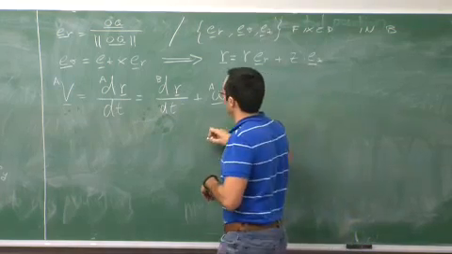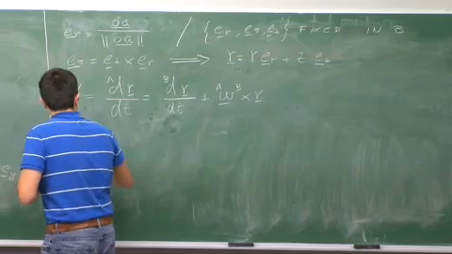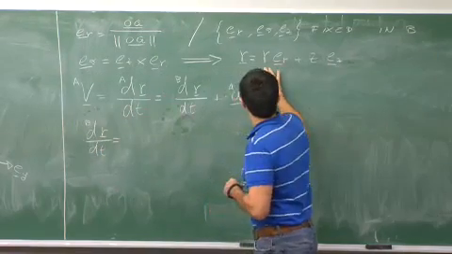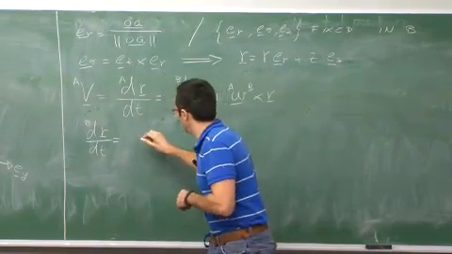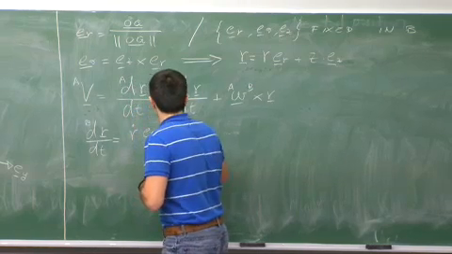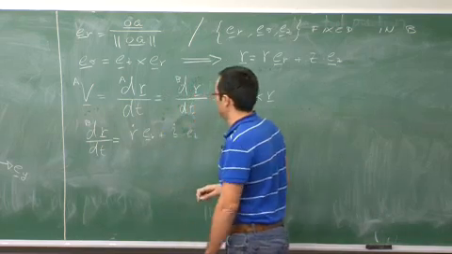And so let's do this. What is this? Well, let's do it one by one. dr dt in B, if I use this expression, is R dot ER plus Z dot EZ. Do we agree with that?